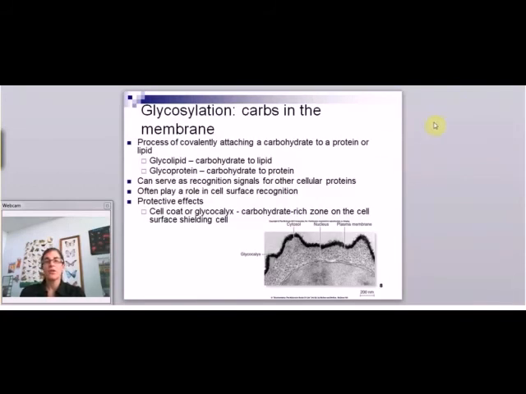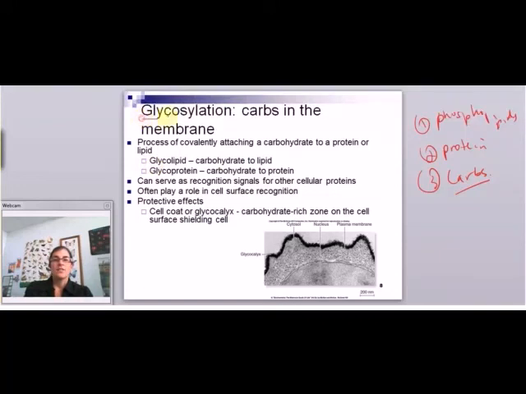Okay, last part of the membrane. Remember, we're talking about the fluid mosaic model. We said that there are phospholipids, there are proteins in the membrane, and then the third component of a membrane is carbohydrates.